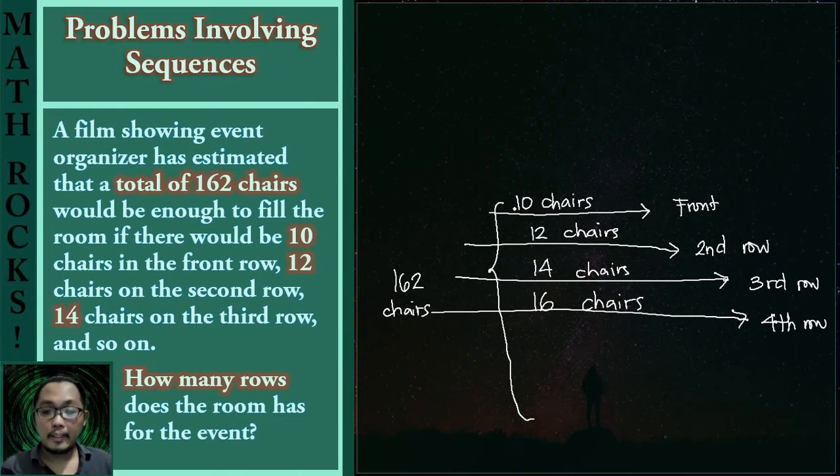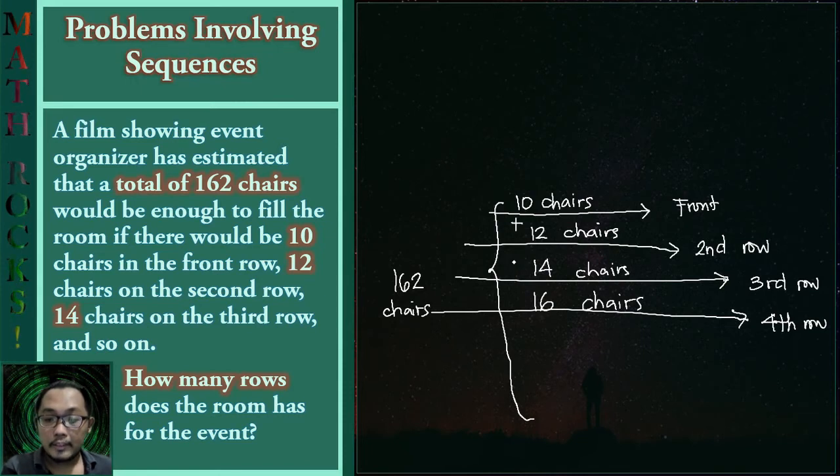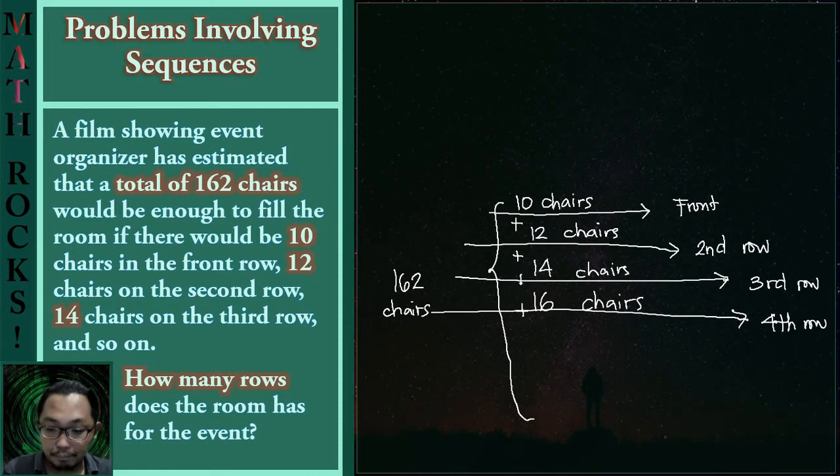And if we look at the numbers here, it actually shows an arithmetic sequence. And since we would like to have these added in order for us to come up with a total of 162 chairs, the concept that we will be using for this problem is the arithmetic series.